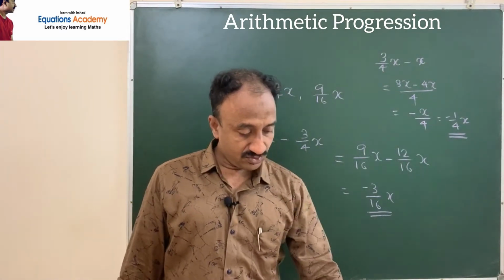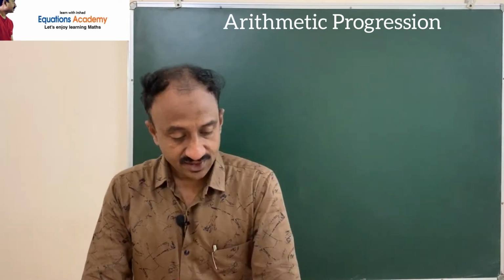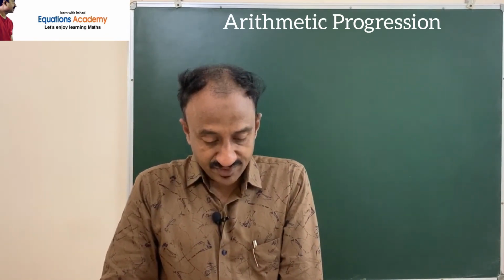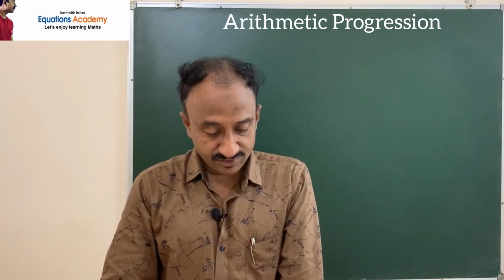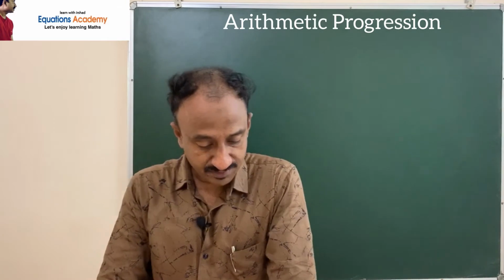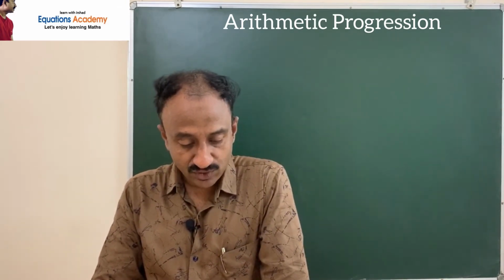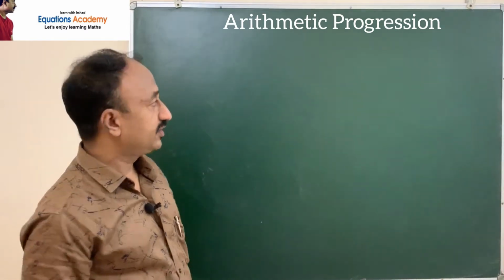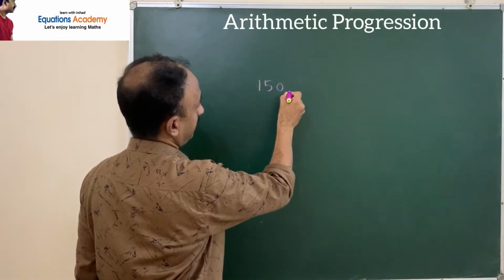Now what is the third one? The third question is the cost of digging a well: after every meter of digging, it costs rupees 150 for the first meter and rises by rupees 50 for each subsequent meter. So the cost for the first meter is rupees 150.